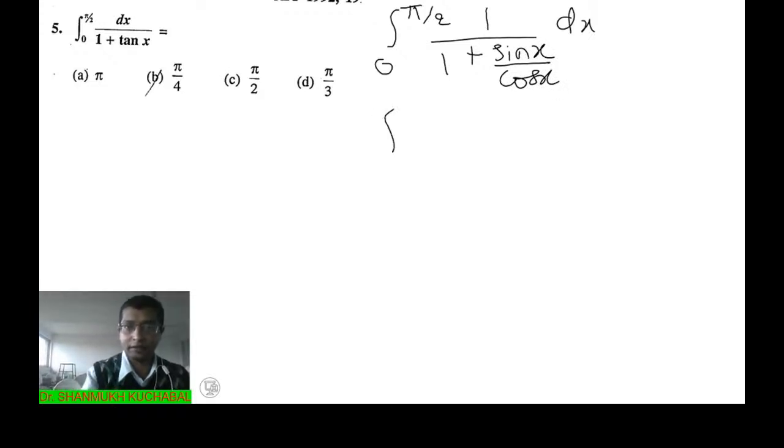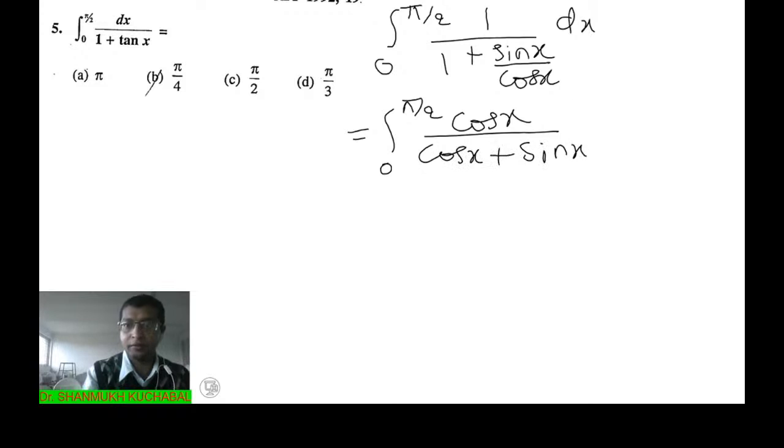So further, the limit is from 0 to pi by 2. The LCM is cos x plus sin x divided by cos x. Transposing it to the numerator, we get cos x divided by cos x plus sin x, into dx, which is similar to the first example.